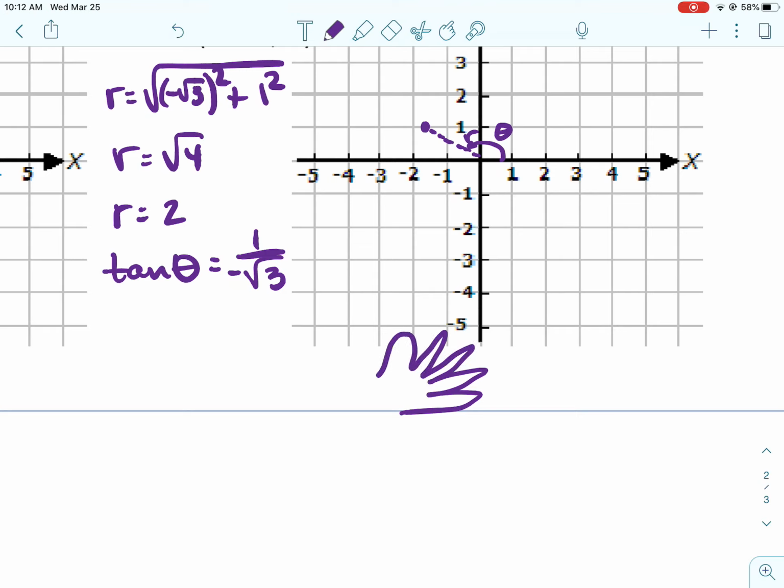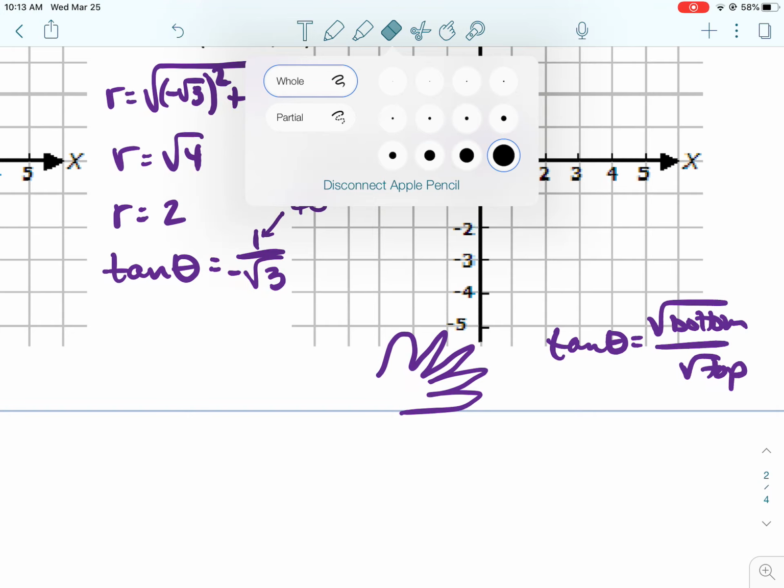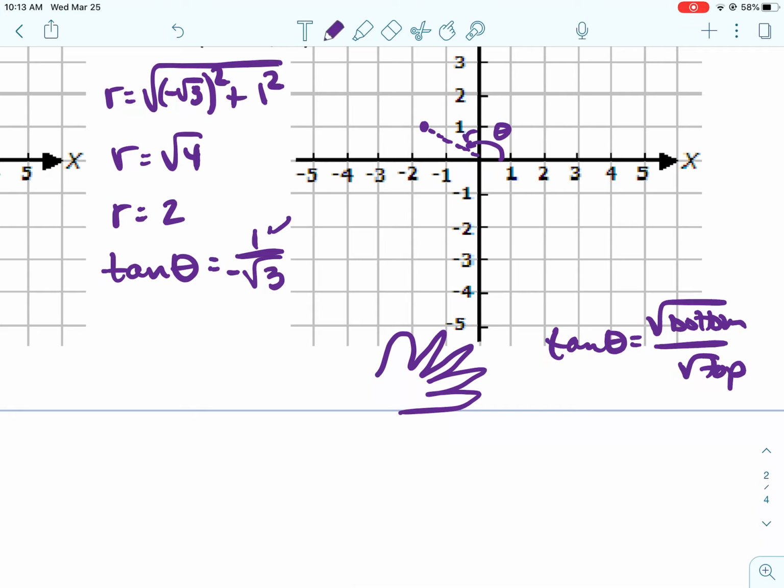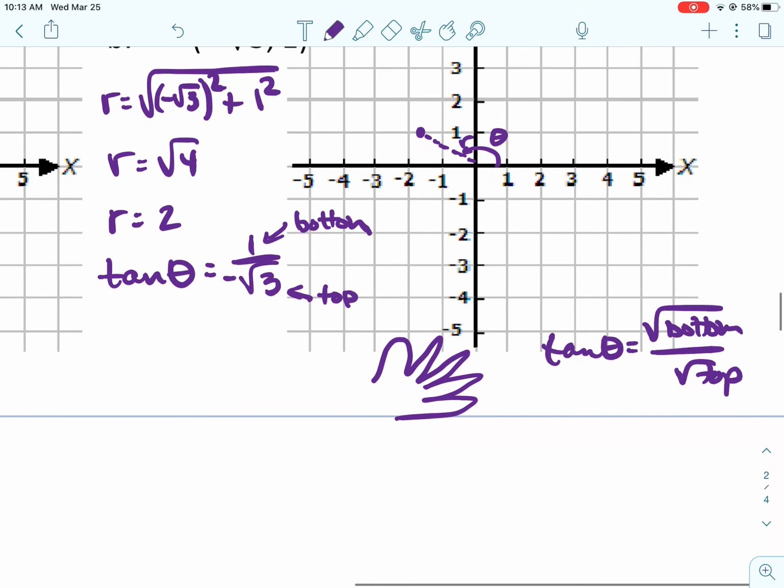So we know the tangent of theta is equal to 1 over the negative square root of 3. So if we're talking about the hand trick for tangents, that means we want one bottom finger and 3 top fingers.